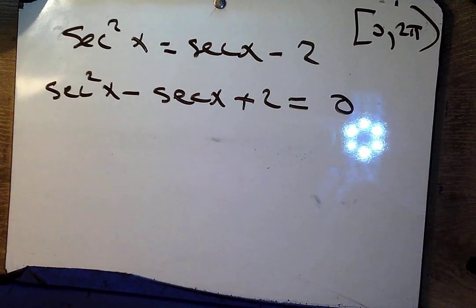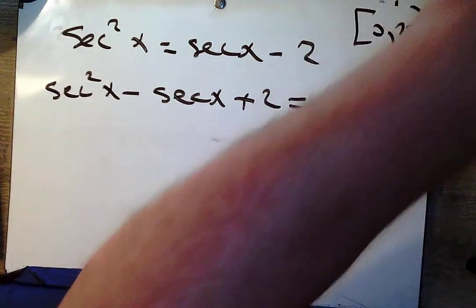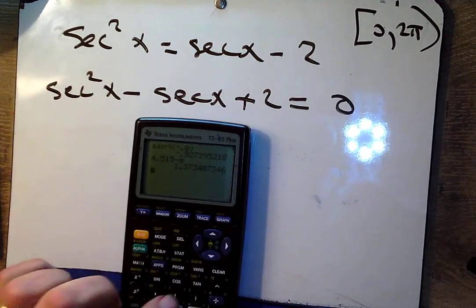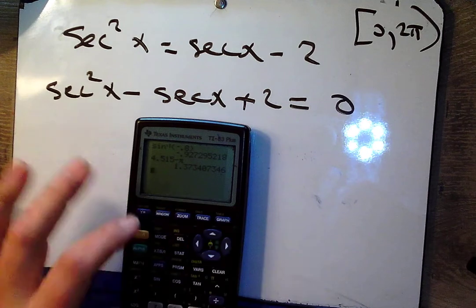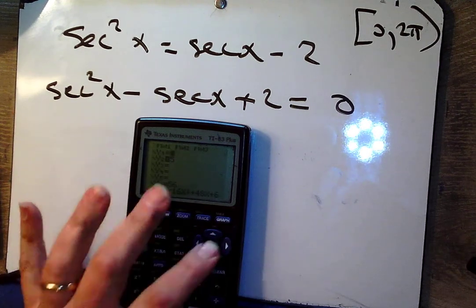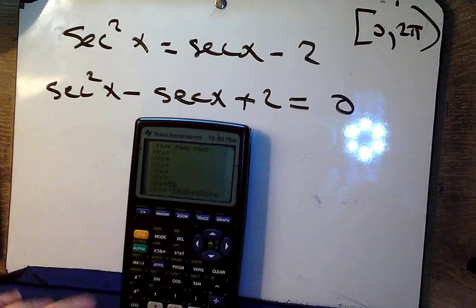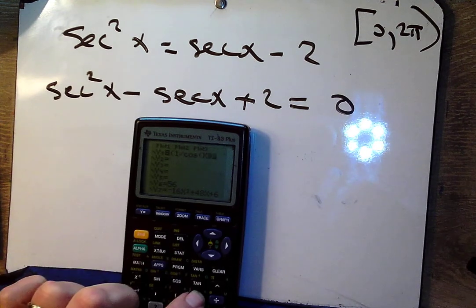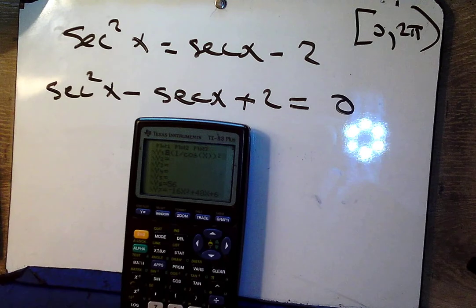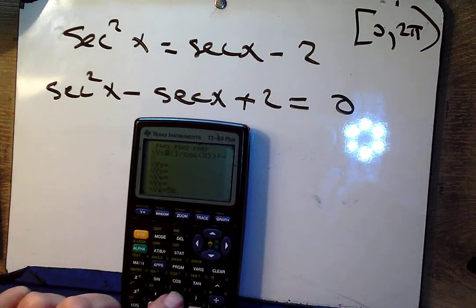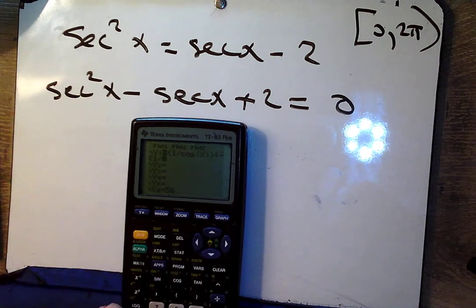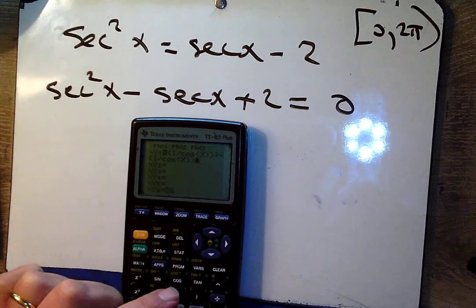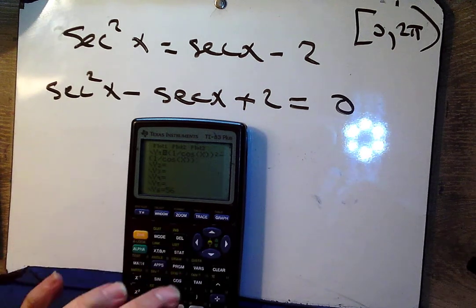But we live in the age of indoor plumbing and graphing calculators. So how about we do graphing? So I've got parentheses 1 divided by cosine x squared minus 1 divided by cosine x plus 2.